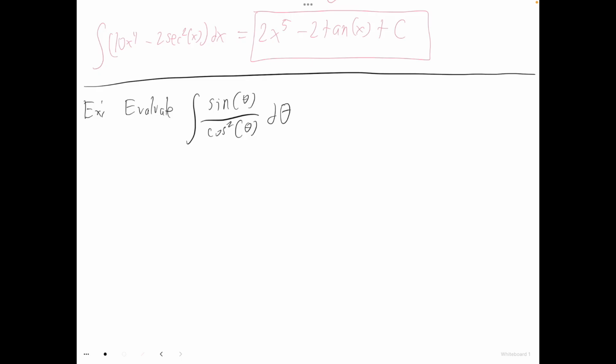So what we're going to do is rewrite this slightly and use trig identities to come up with what is happening. And so we've got sine of theta divided by cosine squared of theta, which is the integral of sine of theta divided by cosine of theta times 1 over cosine of theta.